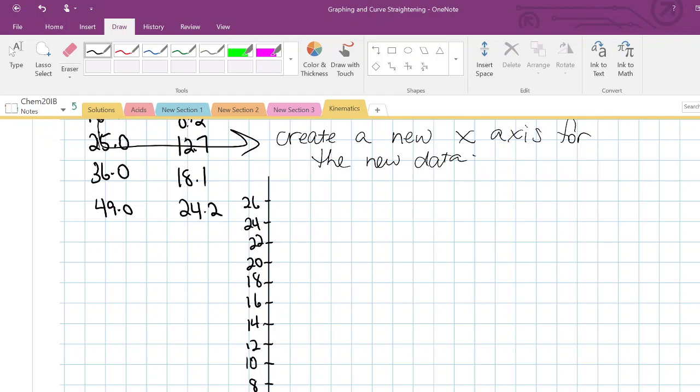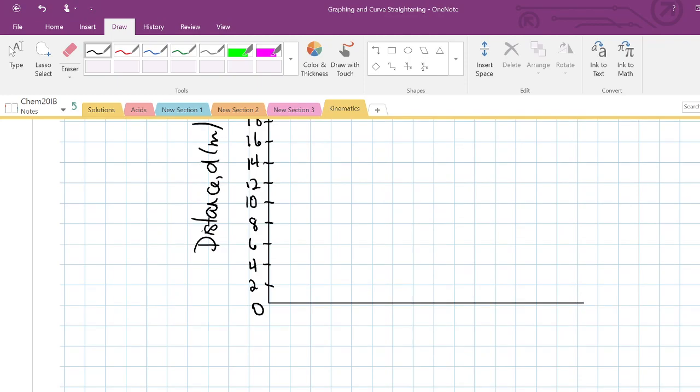This is distance, D in meters. My x-axis now has changed. Now I'm plotting time squared. So I'm not plotting time anymore. I'm plotting time squared, which is t squared. And that has a unit of seconds squared. Okay, so I have to change that x-axis.